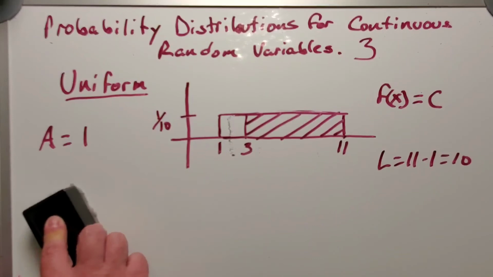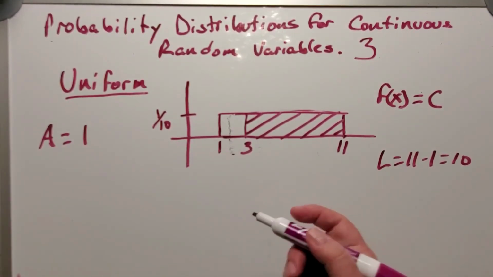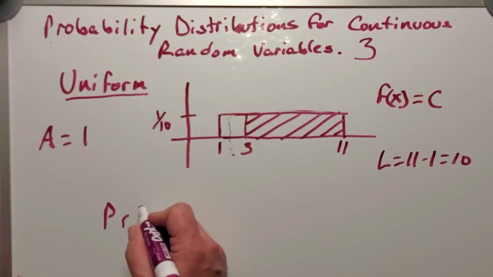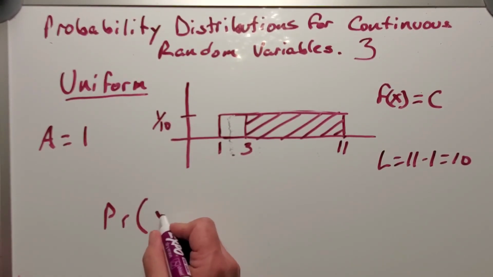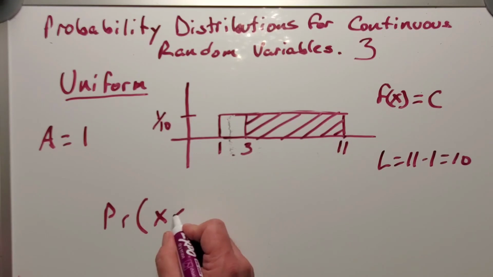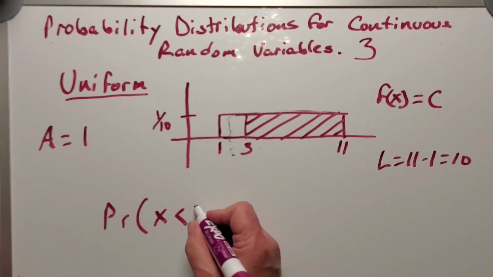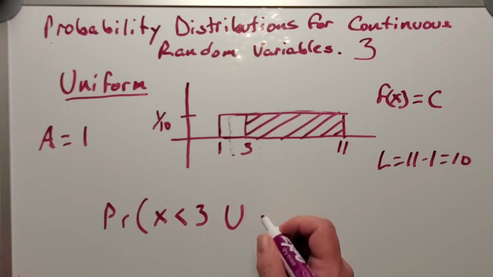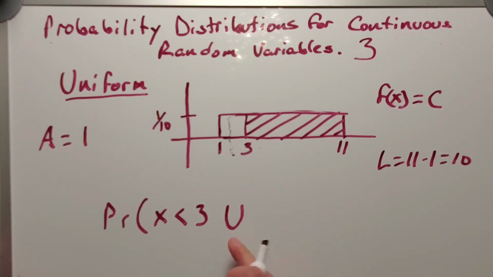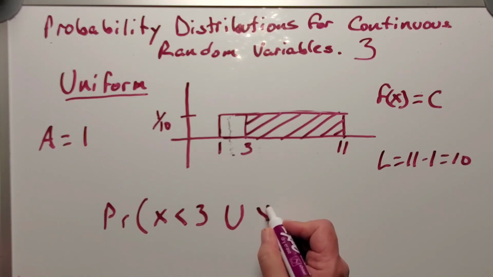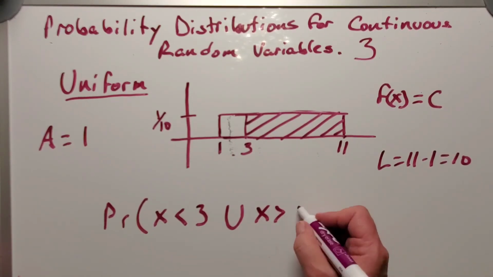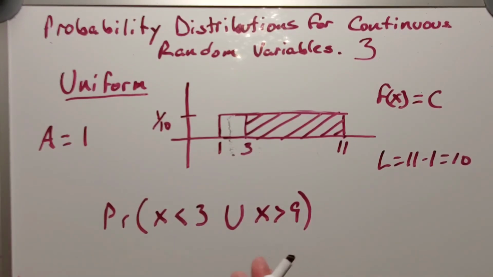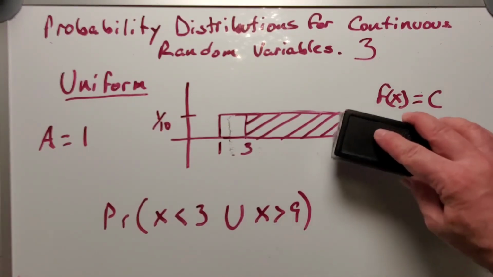We'll do one more. I'm going to make this a little bit more complicated. I want to know the probability that x is less than 3, or, that's the symbol for union, it can be read as or, x greater than 9. How do we solve something like that? Well, we're going to have to do it in 2 parts.